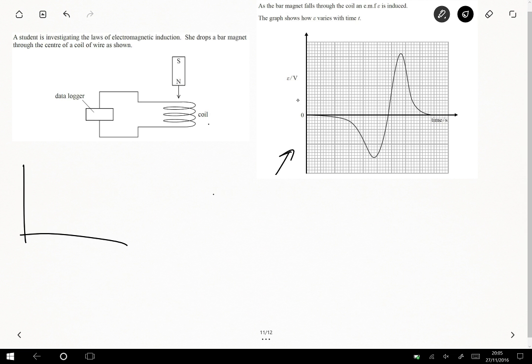Now then, I'm going to draw another graph first off. My graph here is not perfectly correct, but this is the flux that is inside the coil, so the flux that comes from the magnet. Now, with any question in sixth form physics, I always advocate, if you can think of any equation, write it down.